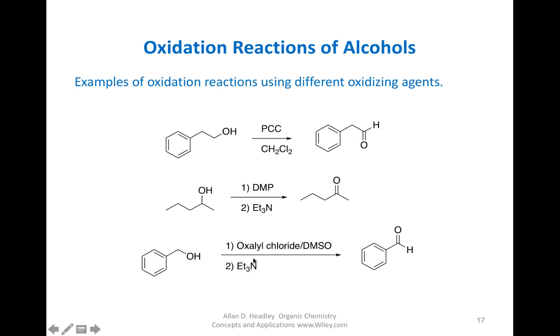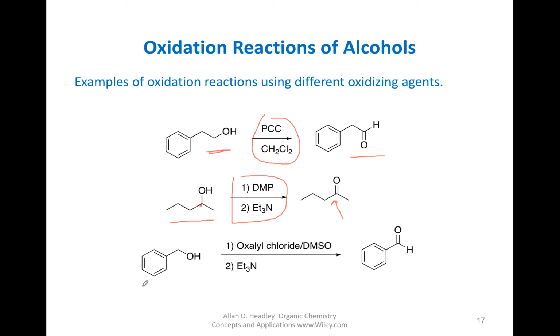So let us look at the summary. So here is a primary alcohol, as you can see. You can use PCC in the presence of dichloromethane to give you the aldehyde. Here is another alcohol. This time it's a secondary alcohol. The nice thing about these reagents is you can use the same reagent to oxidize it to a ketone. If it were a primary alcohol, it would stop at the aldehyde stage.